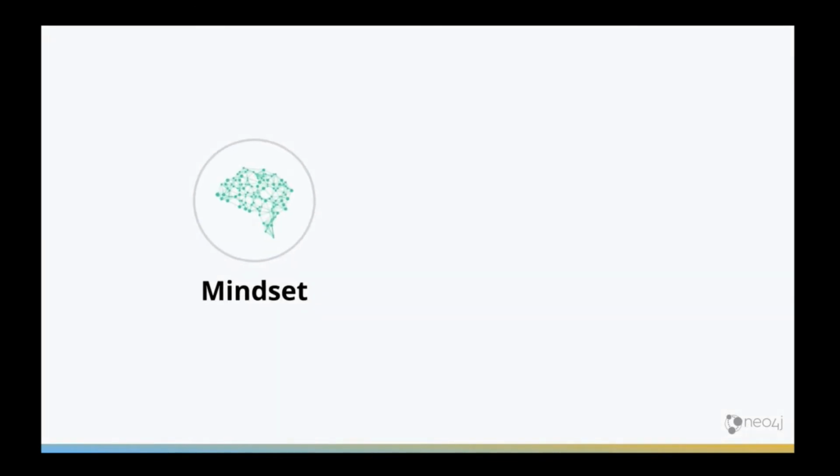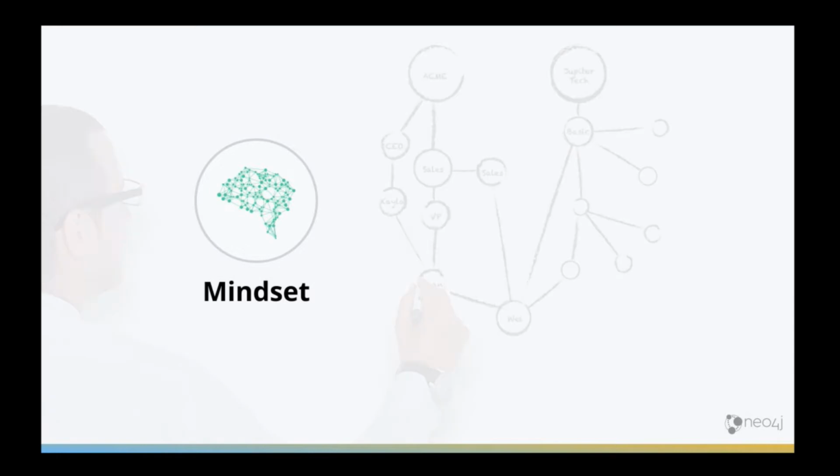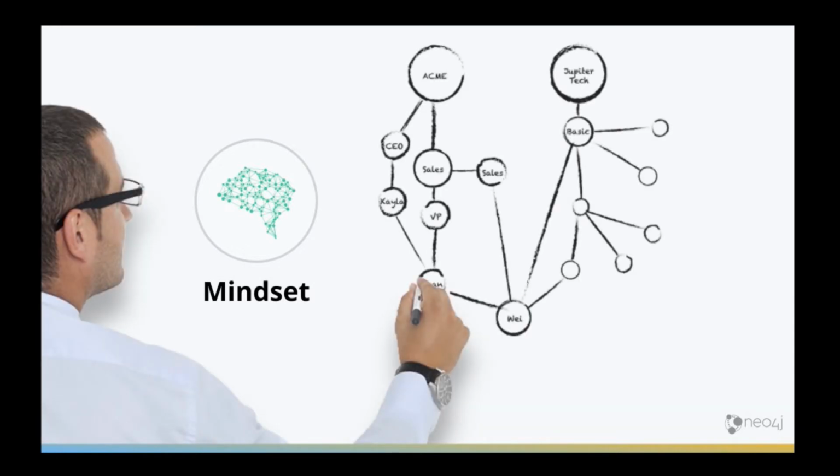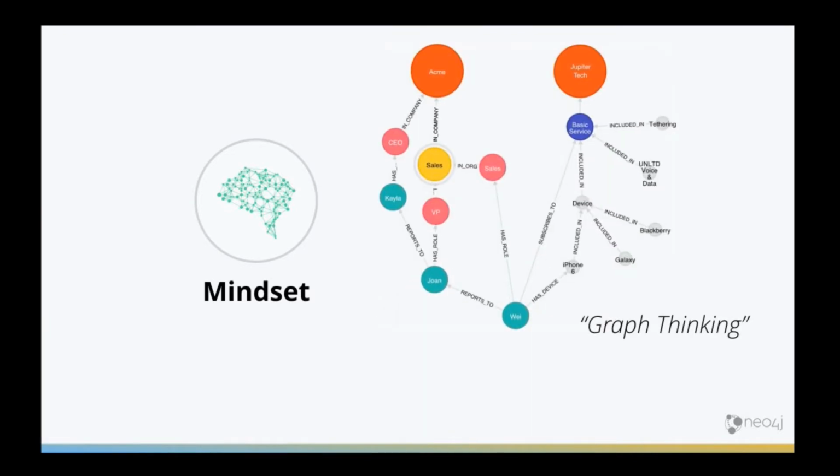So the graph mindset, what is all that about? Well, the whiteboard model is the physical model. And what this means is what a business person, like the gentleman here, will draw up on a whiteboard when they're talking about their business problem is the same thing that is coded by the developer, designed by the architect, stored by the database, in memory, on disk.